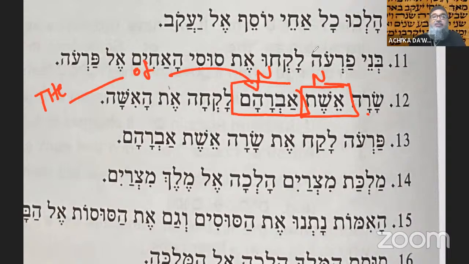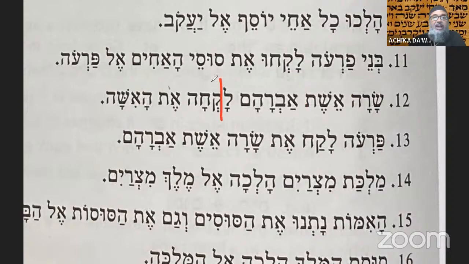And what does she do? She laka'ach, et, arrow pointing what? What did she take? Ha what?